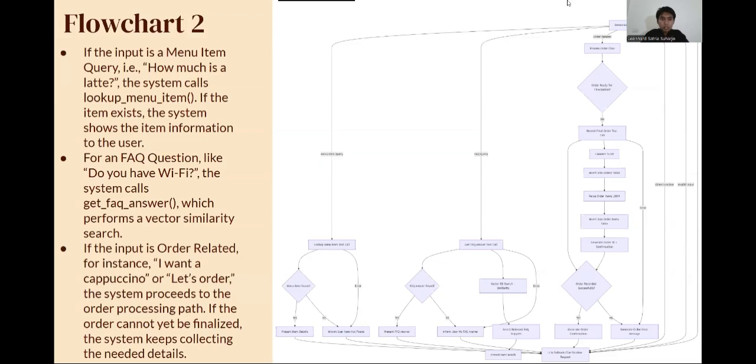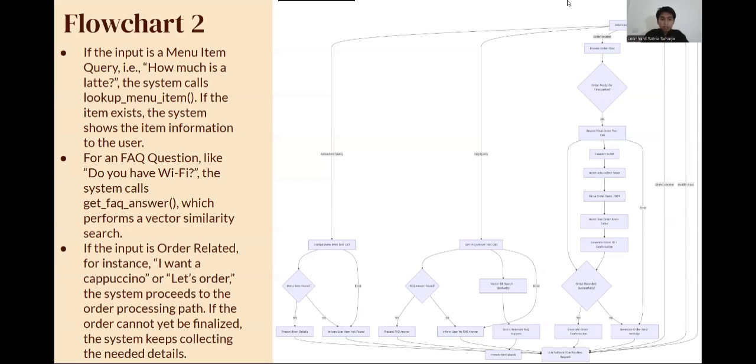And if the item exists, this function will return the item information to the user. So we have created these functions in the code itself that will do this specific task and will be called by the bot automatically if the user wants to do a certain task.